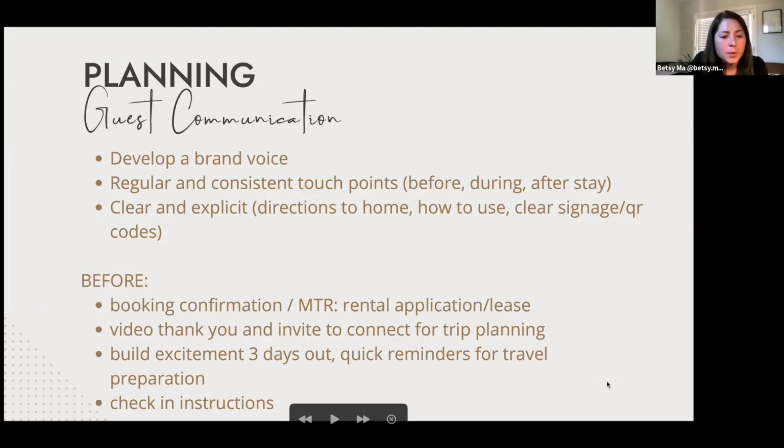It's really great when hosts do video thank yous and invite guests to connect for trip planning. If you have a strict booking policy, you get their cell phone information upon booking. And if you have a booking window of like 48 hours where they can cancel for free, if you can send them a video in that time frame, you want to build excitement from a few days out, with quick reminders for travel preparation.